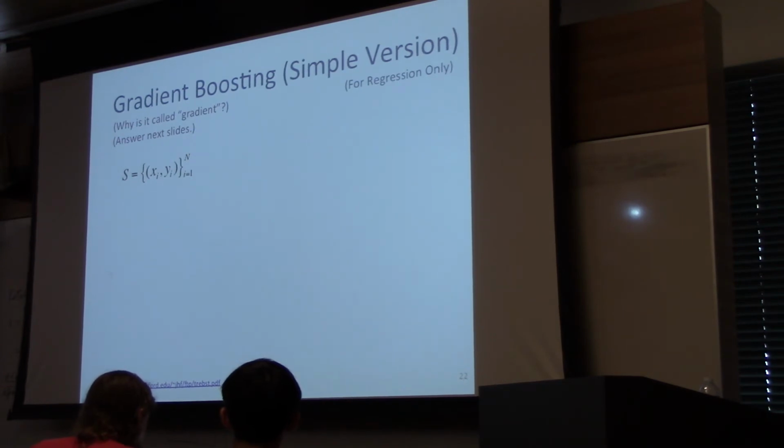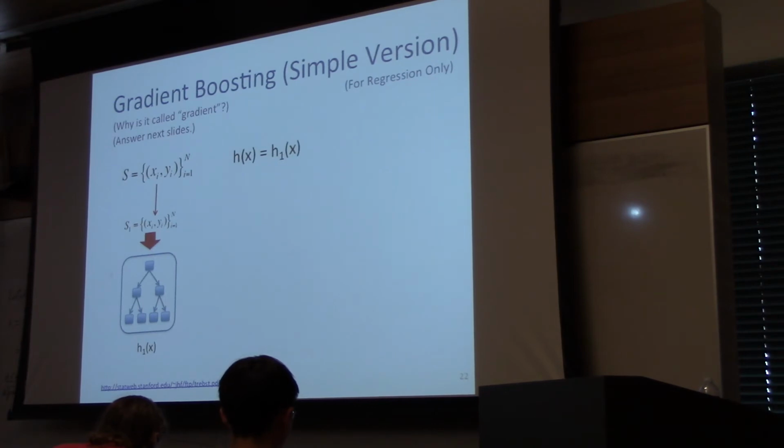So what I just described is a method called gradient boosting. And we'll talk about where the gradient comes from in a few slides. So we have a finite training set, and we train a weak classifier, a shallow decision tree, on this training set.